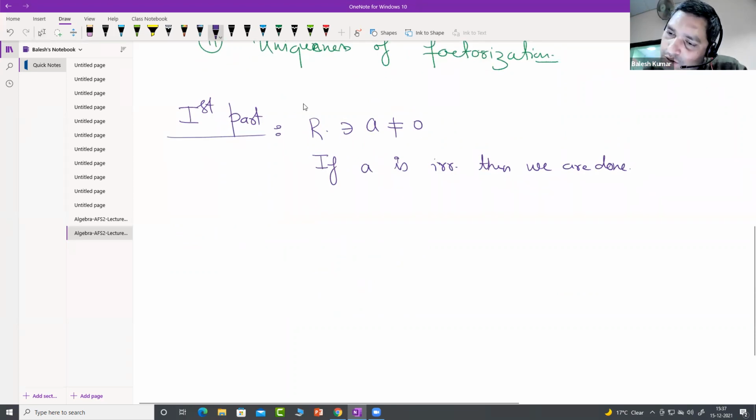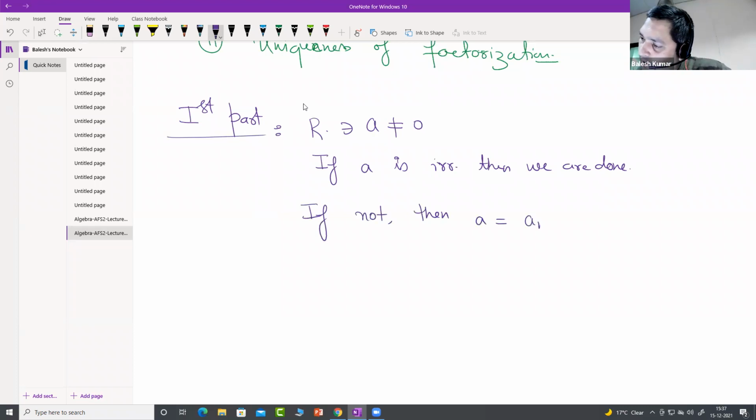So if not, then A can be written as a product of two factors, A1 and B1. Now, if A1 and B1 are irreducible, then we are done. We got the factorization of an element inside the integral domain.